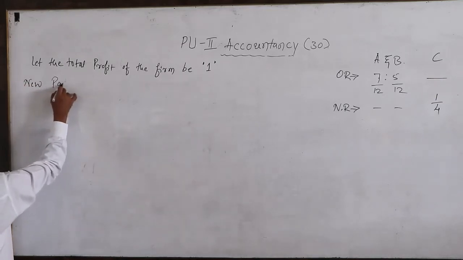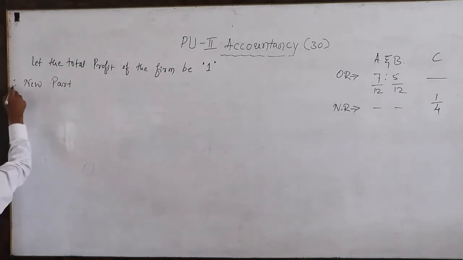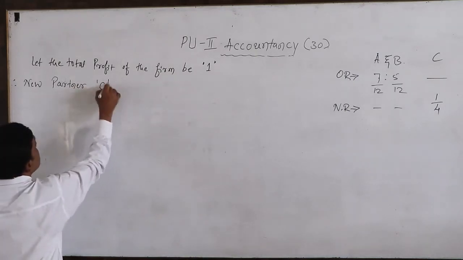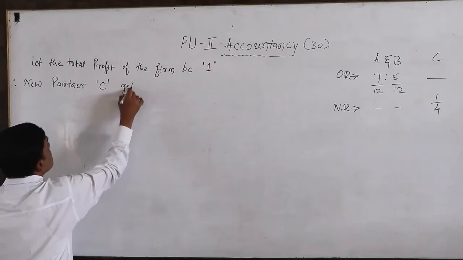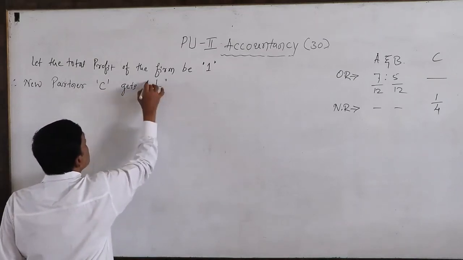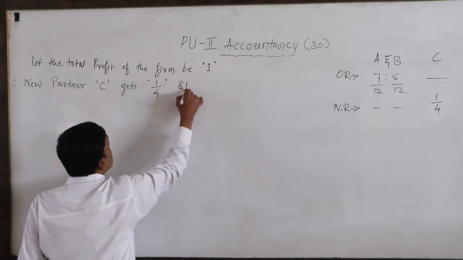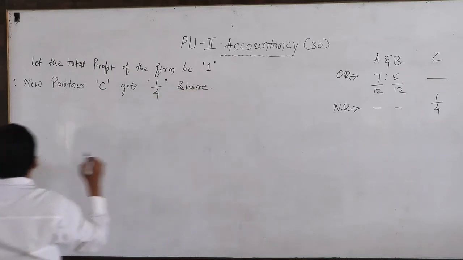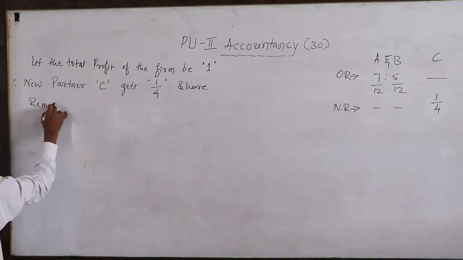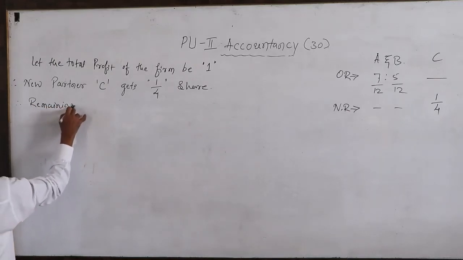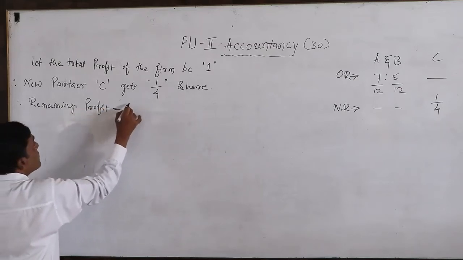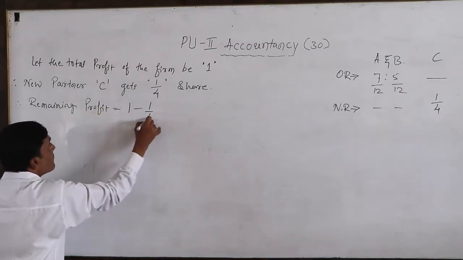New partner, therefore, new partner, who's that? C gets 1/4 share. Therefore, remaining profit is equal to 1 minus 1/4.